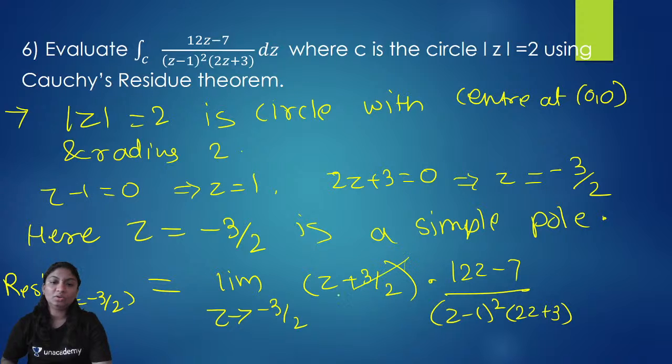Right? So here 2z plus 3 and 2z plus 3 cancel out.